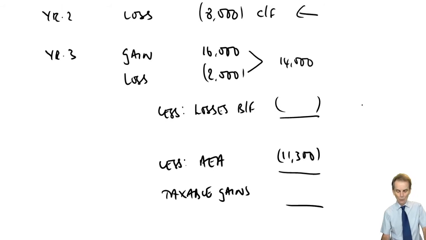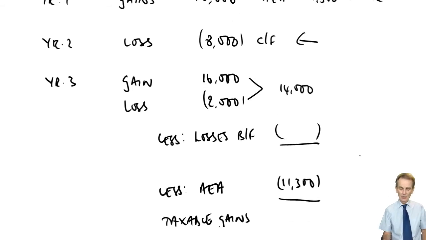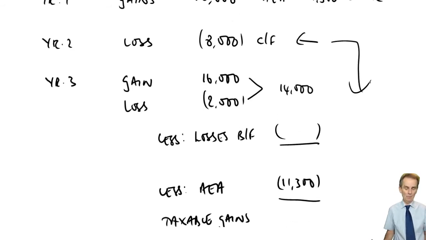Right, before we jump to any conclusions, we know that in year 3, the loss brought forward is the £8,000 of losses made in year 2.